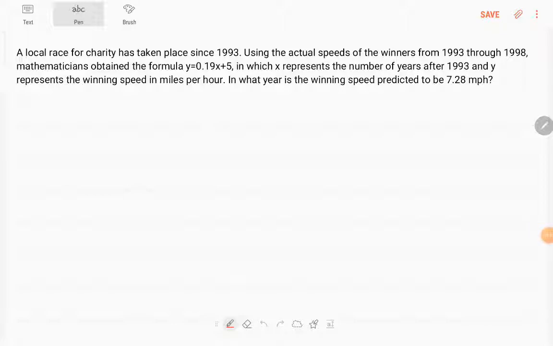Another example: a local race for charity has taken place since 1993.